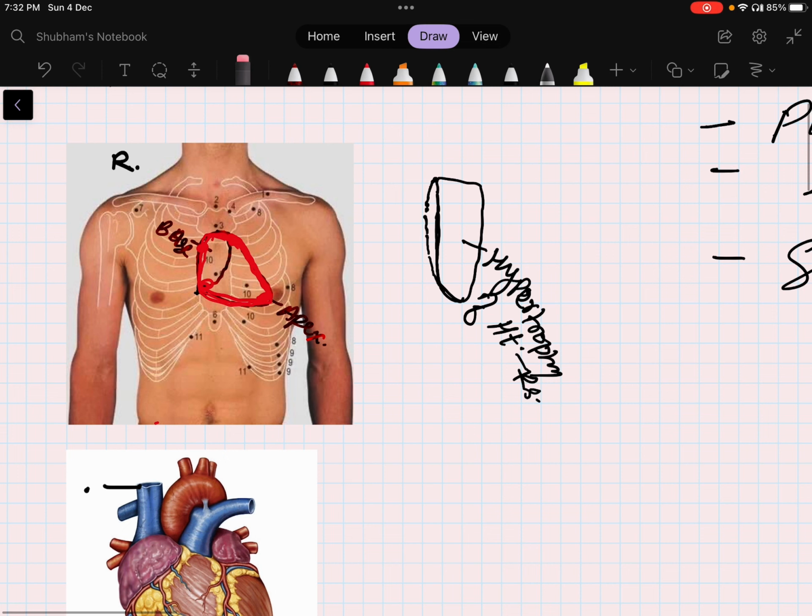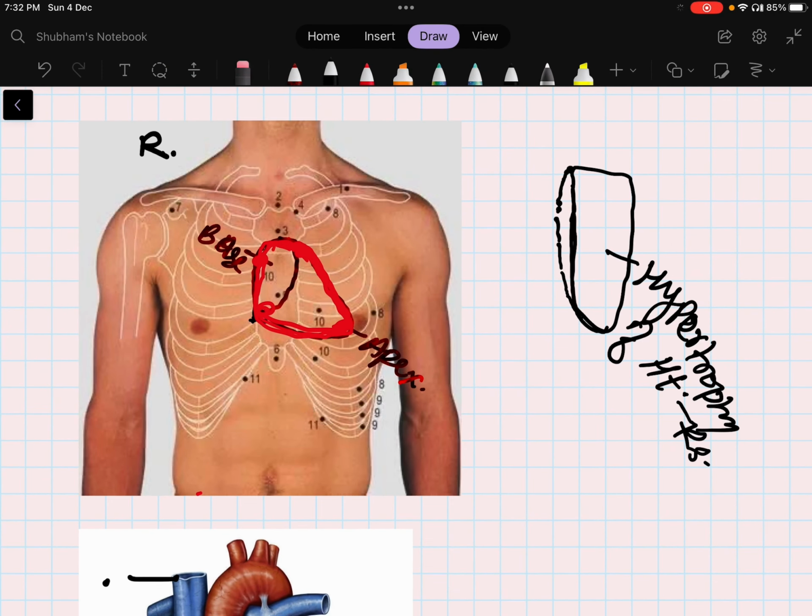Even when we discuss the lungs, these are the apex of the pleura. Then it extends out to this area from the sixth rib, then in the mid clavicular line up to the eighth, then in the back up to the twelfth.